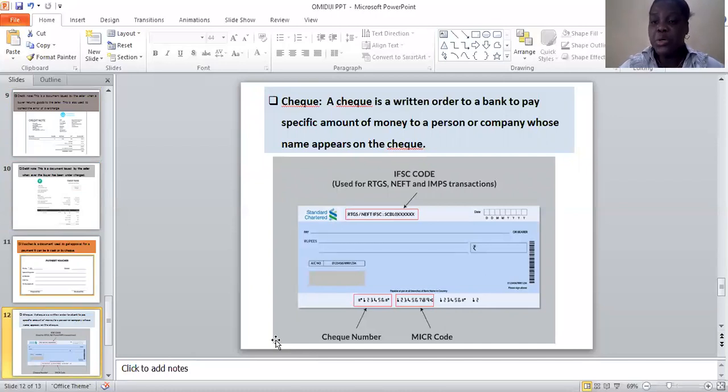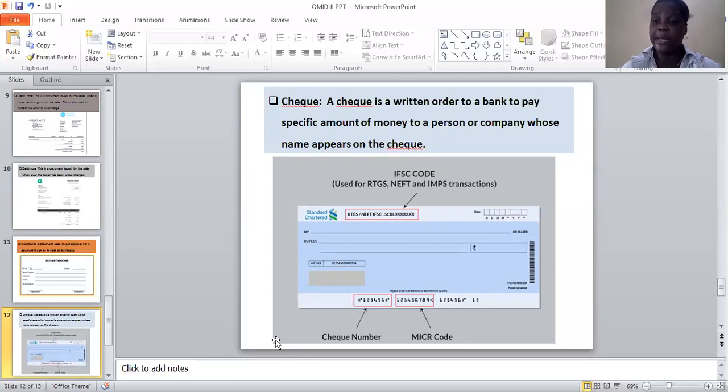I would like you to know that check is an instrument used by bank, and the checkbook is usually being given to their customers, and the customers will in turn issue out the check to their own various customers, returning the checkbook or the check leaflet to the bank, giving them the order to make payment for whoever's name is written on it.